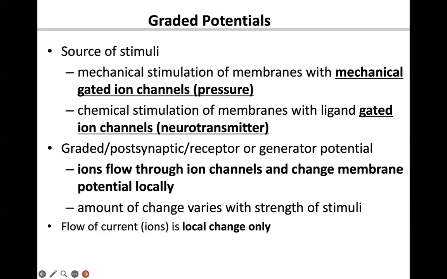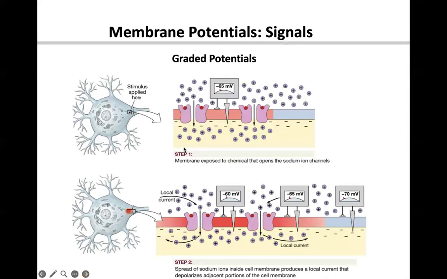We'll understand this better through this figure. It's a very similar figure to the one I just showed. Here you can see the graded potential. From negative 70, it has become negative 65.